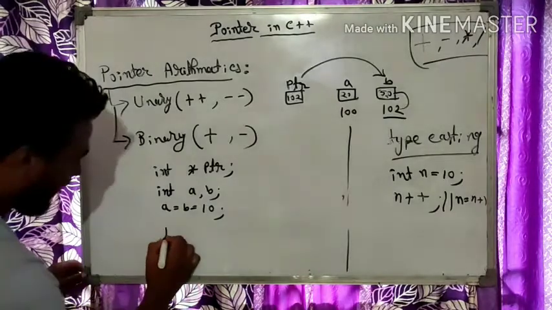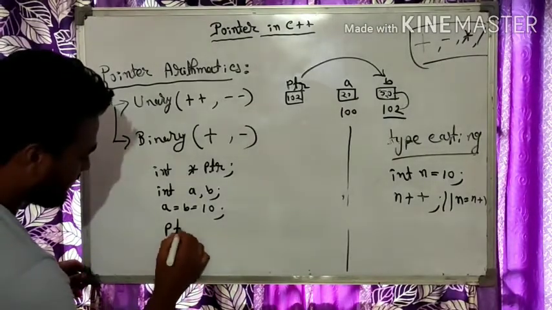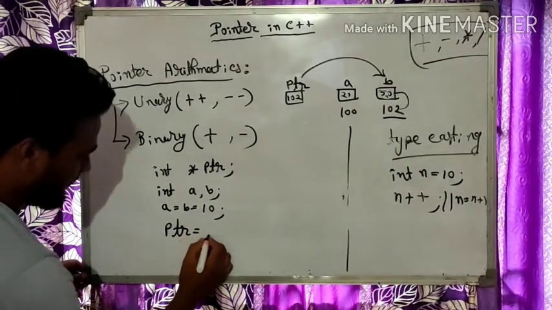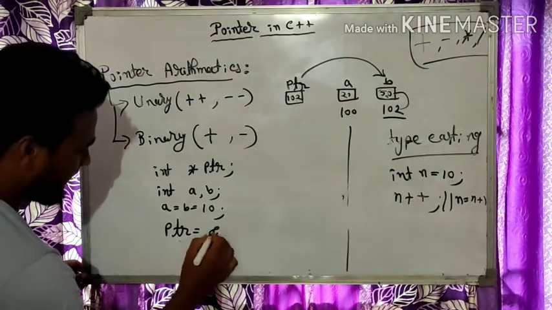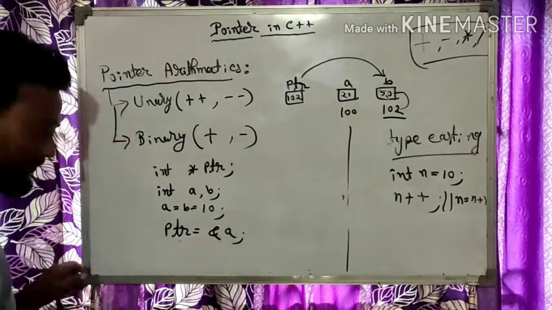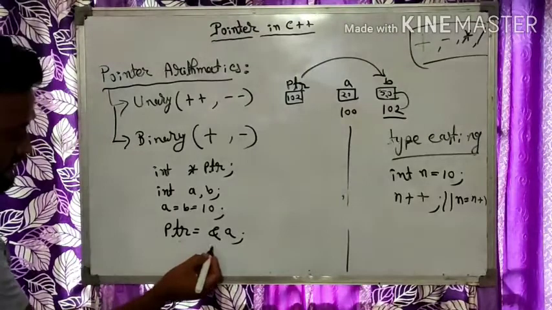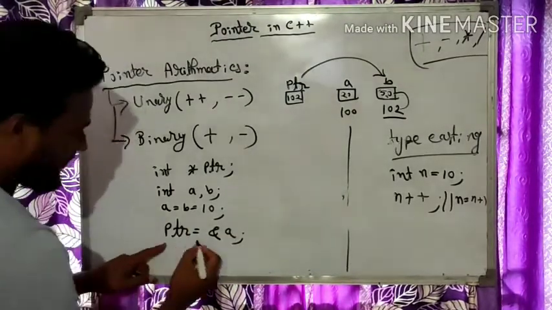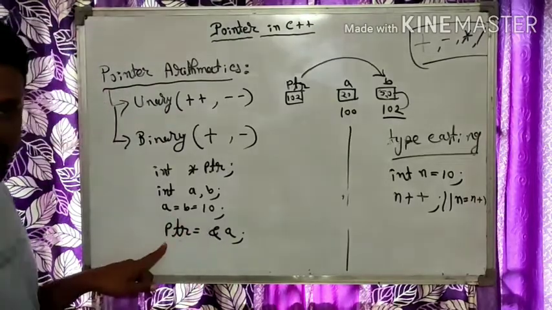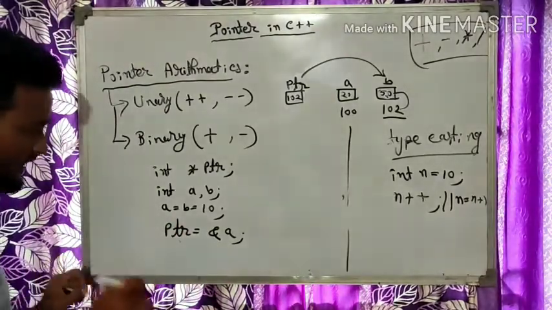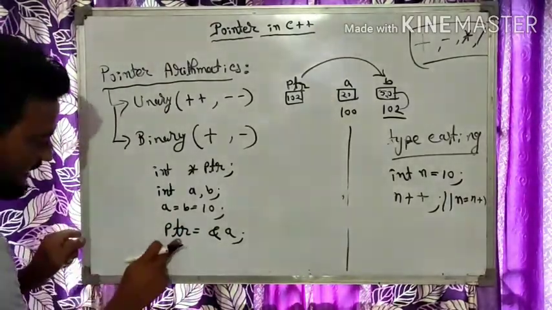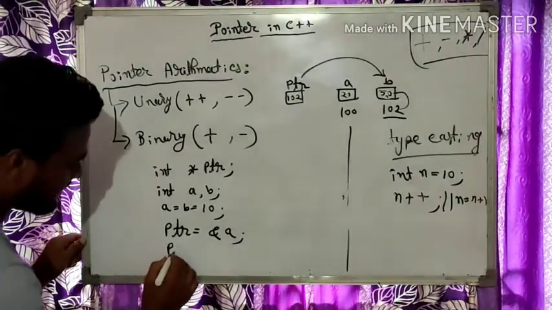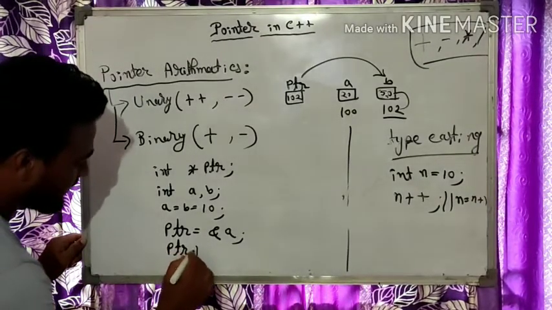Now I am going to assign the value of ampersand a to ptr. That means we are giving the reference to the variable a, so the value of ptr will be the memory address of a. Now suppose I am incrementing this, ptr plus plus.